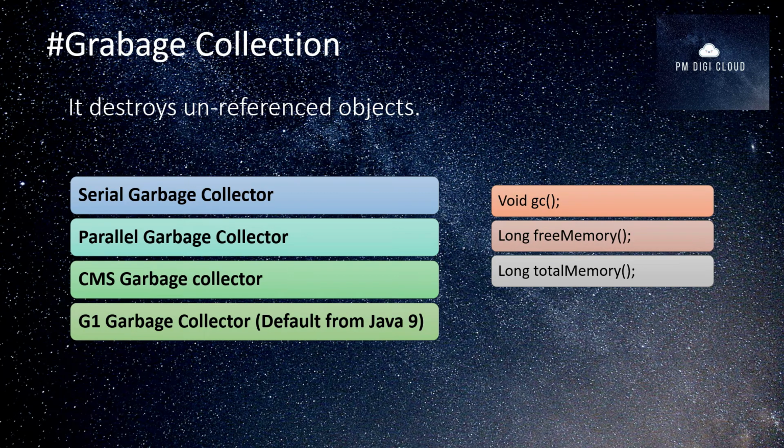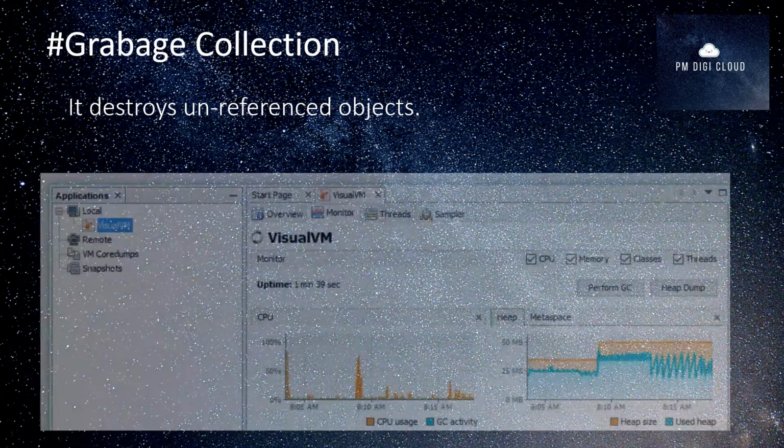And anyhow, if you want to know how much memory space is there, how much total memory is there, you can know that by calling some methods. You can also force garbage collection, but as I told you, garbage collection will run in the JVM, but whether the memory is finally cleaned or not depends on the operating system. So you can force it, but whether it will actually happen or not, you cannot ensure. Okay, so this is with respect to garbage collection.